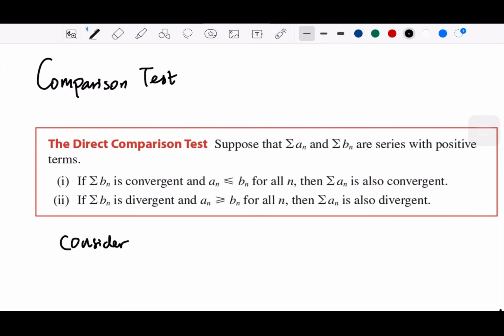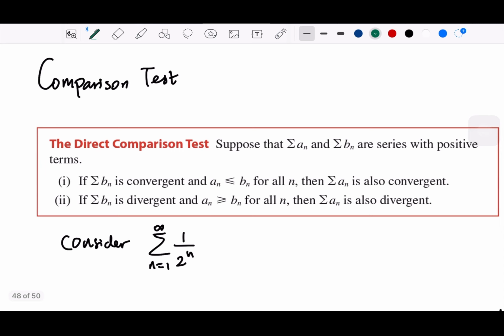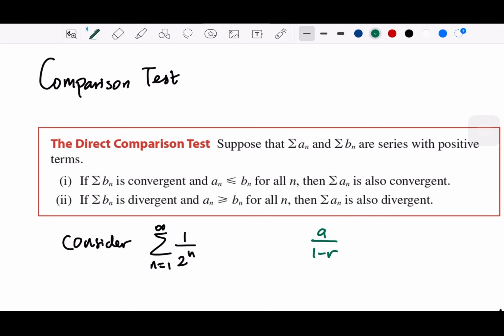Consider this. It's the Zeno paradox, as we know from the previous sections, and this is going to be geometric. We can take the geometric sum a over 1 minus r.